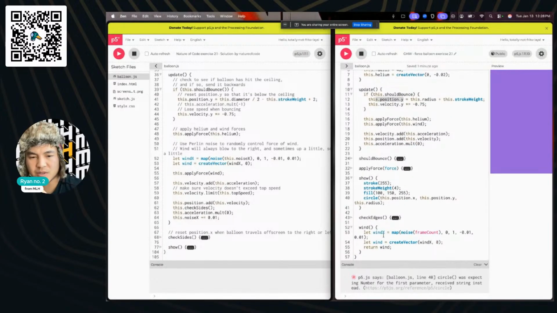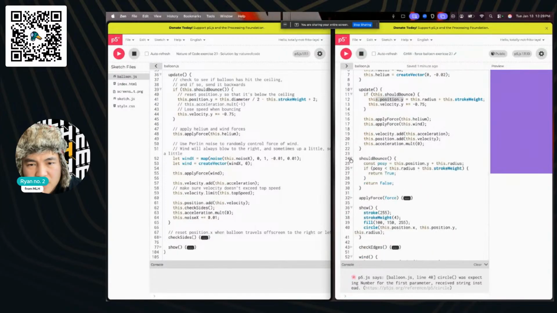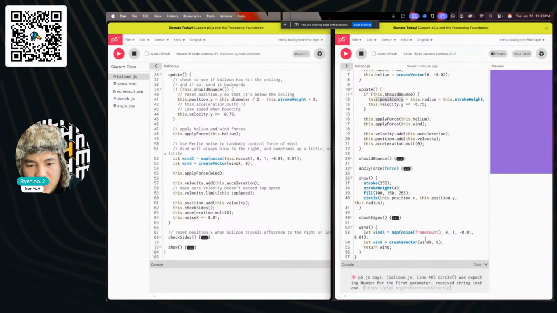Position, position, position. Wind x, check edges. Position dot y. We don't even touch position dot x.